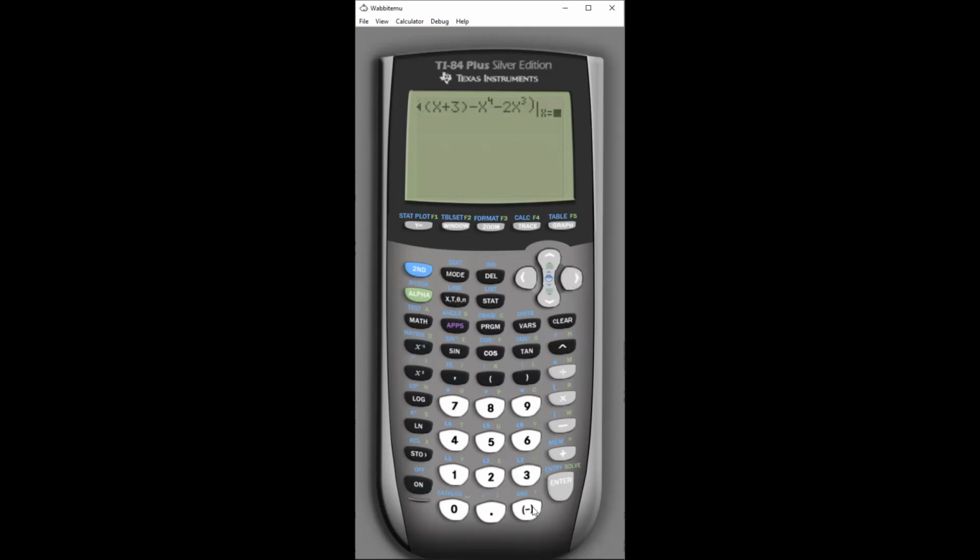And this is evaluated at the point negative 0.5. And the answer is negative 0.599, or negative 0.6.